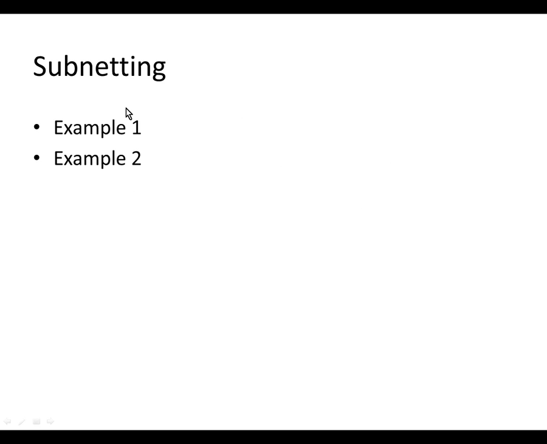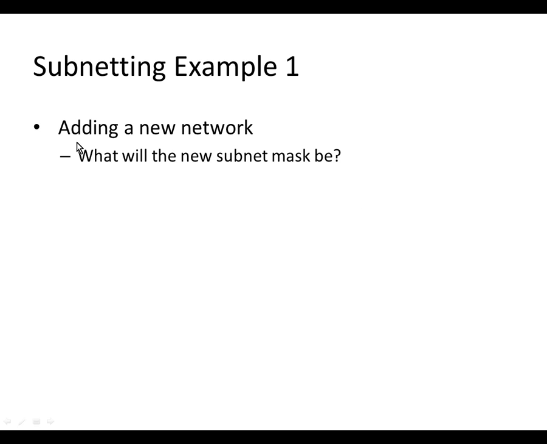So we get 2 subnetting examples, example 1 and example 2. Let's start with example 1. What we're going to do is add an additional network or networks, and we have to find out what the new subnet mask will be.